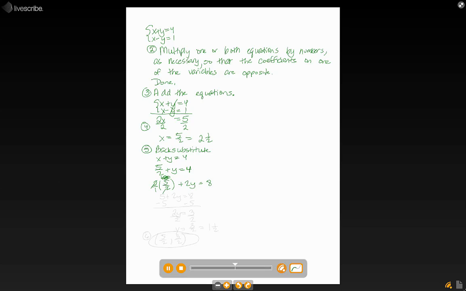I multiplied through the equation by 2 to clear fractions. Get 5 plus 2y equals 8. Subtract 5 from both sides. You get 2y equals 3. Divide both sides by 2. y equals 3 halves, otherwise known as 1.5, right?